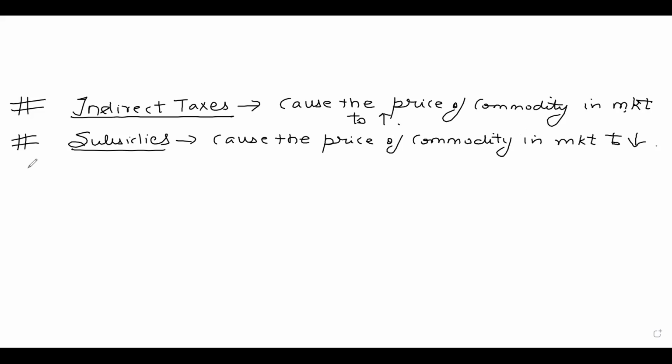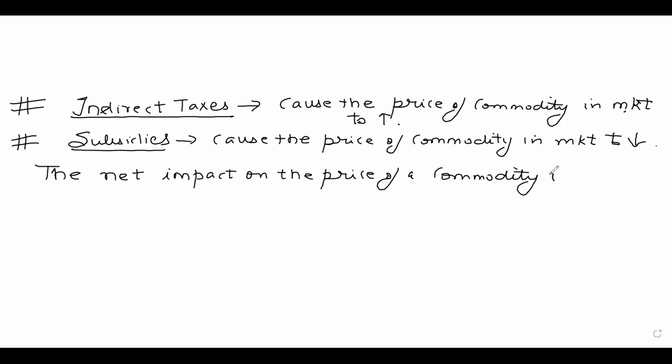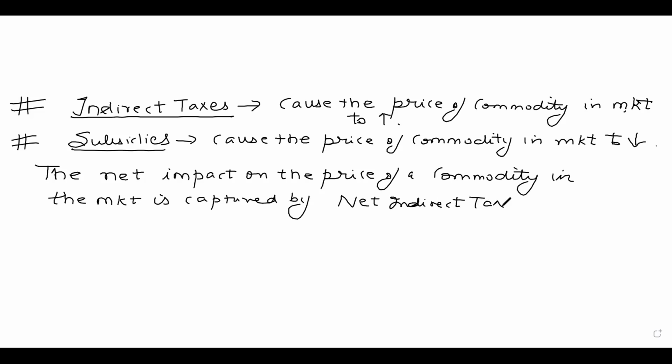Now, the net impact on the price of a commodity in the market is captured by net indirect taxes, and we have just seen the formula in the lecture note.